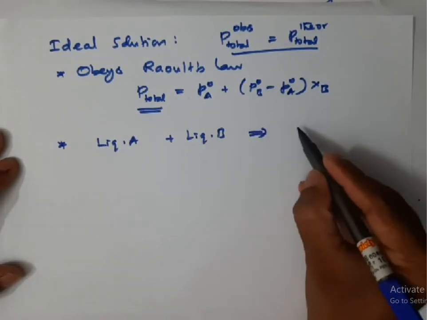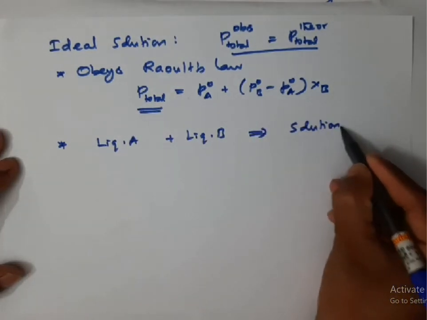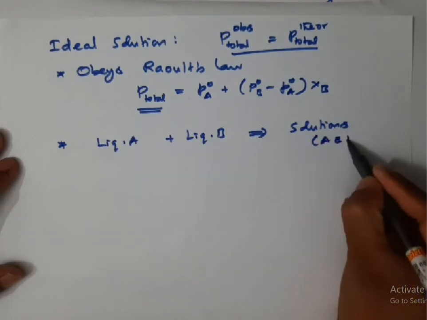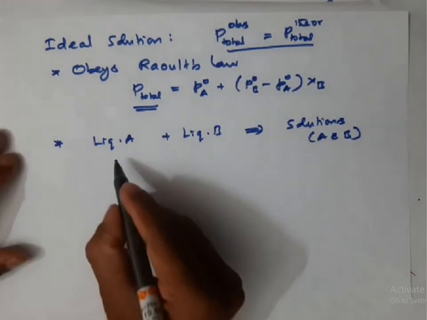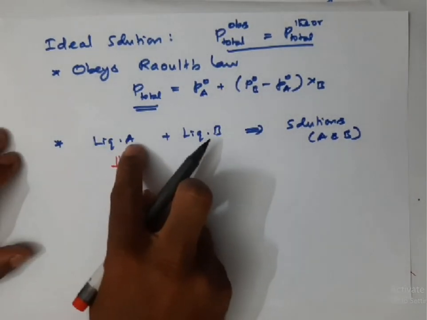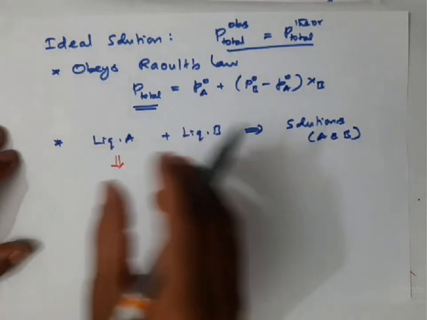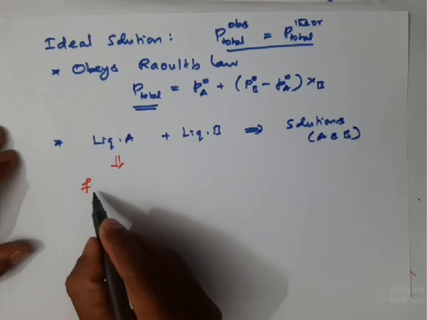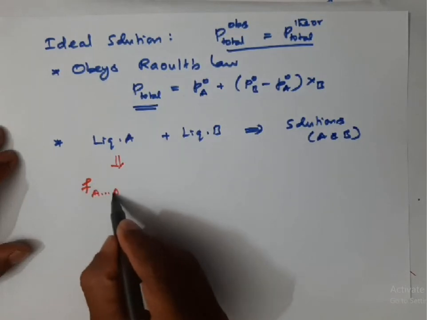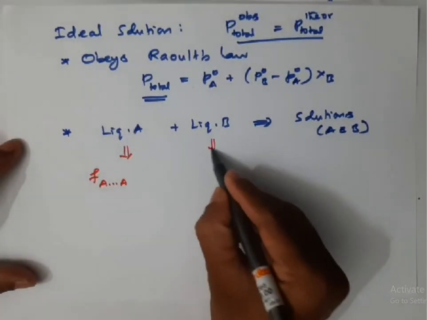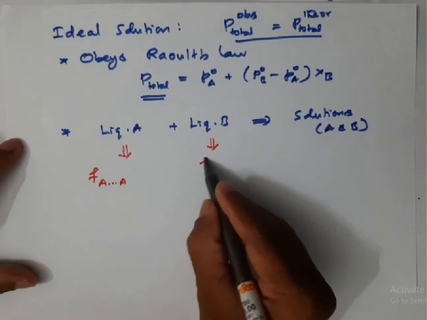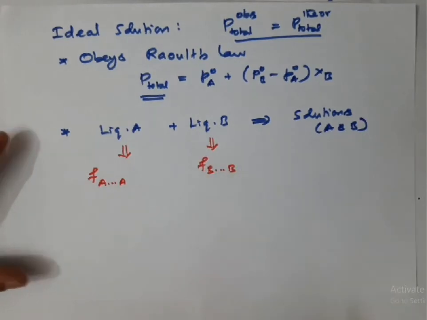If you mix them, you will get a solution containing A and B. Now, in pure liquid A we have only A molecules, so there will be some force of attraction between AA molecules. Similarly, in pure liquid B, we have a force of attraction between BB molecules.